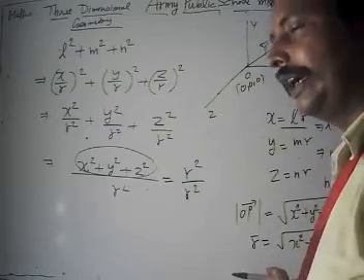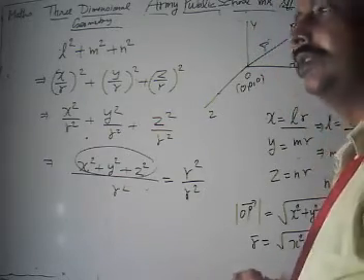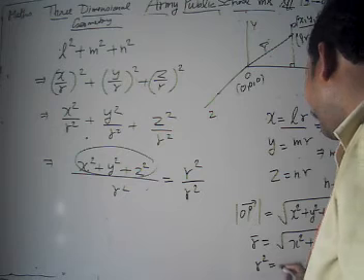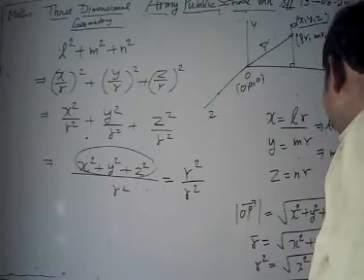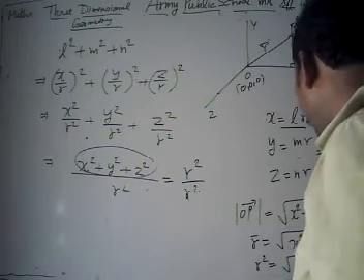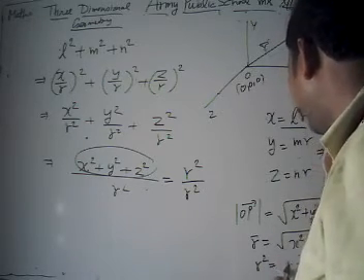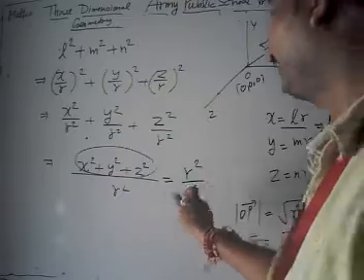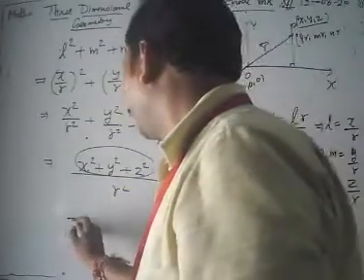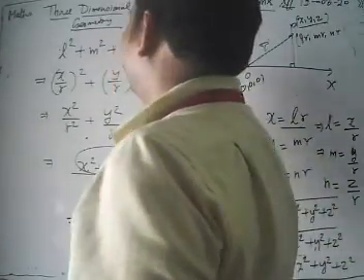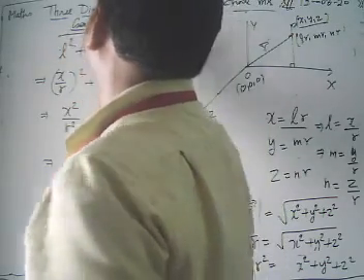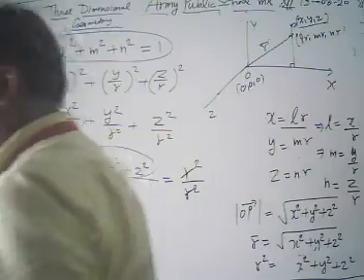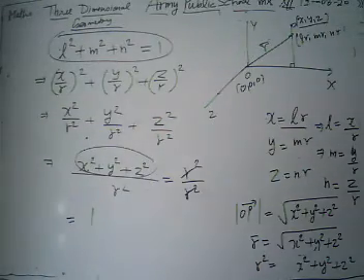Now we know that the square of the length is equal to the square of the vector. Then r square is equal to x square plus y square plus z square. Then r square by r square equals 1. Means the value of l square plus m square plus n square is equal to 1. We proved that.